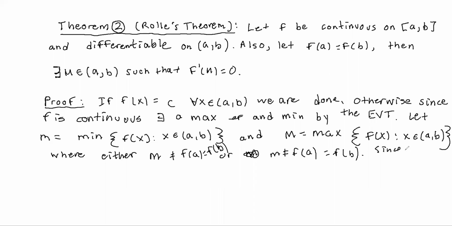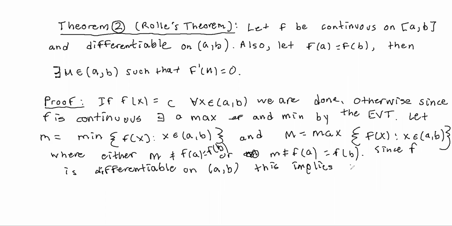Since f is differentiable on (a, b), this implies either f prime of x1 equals 0, or f prime of x2 equals 0.